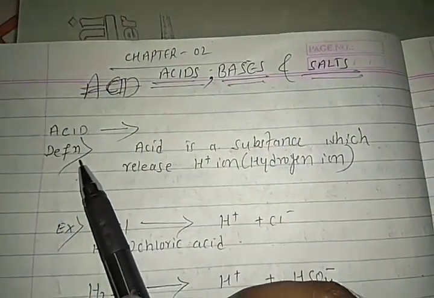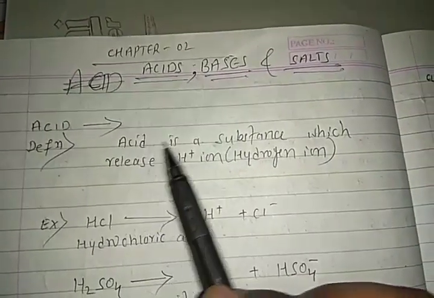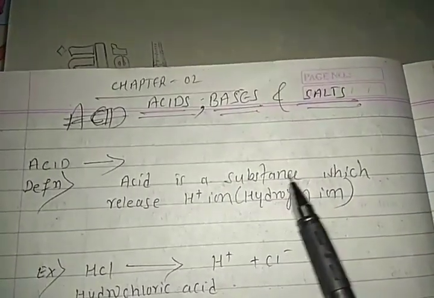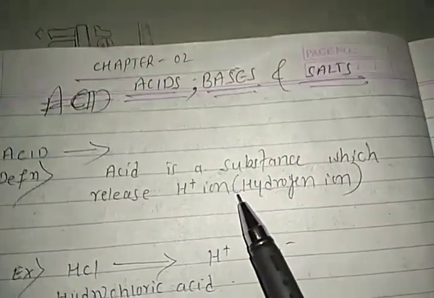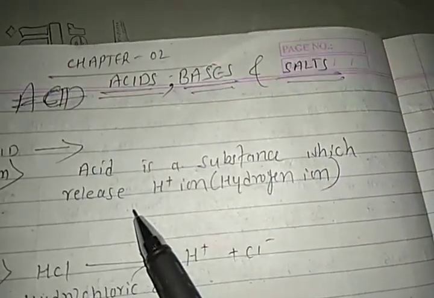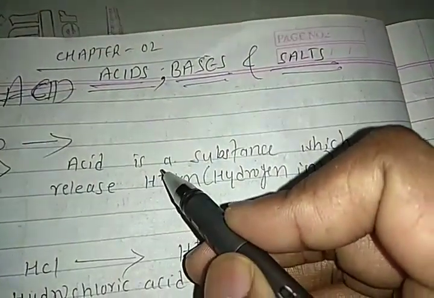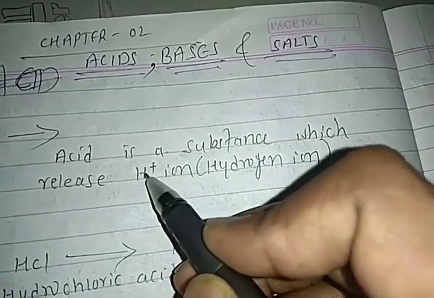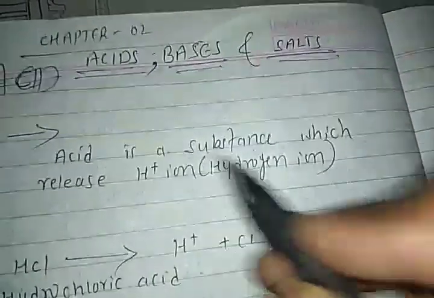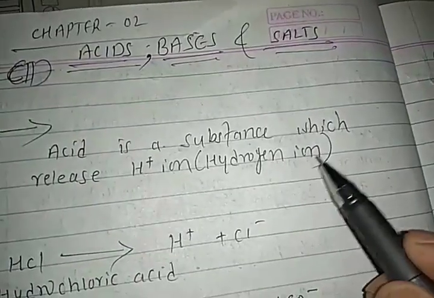So, the definition of acid is a substance which releases hydrogen ions. Hydrogen ions are symbolically denoted by H plus, or you may write hydrogen ions.